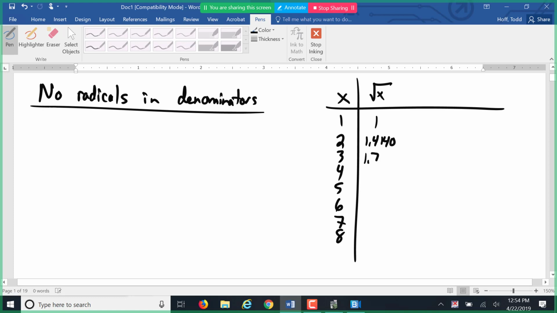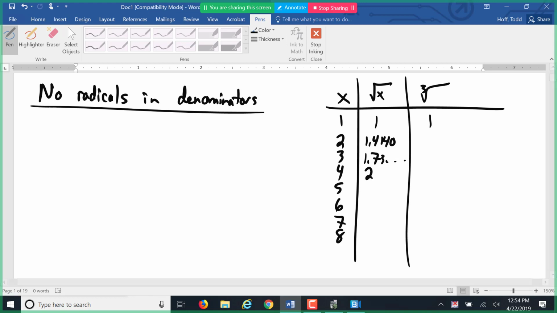Square root of 3, 1.73, again, blah, blah, blah. Square root of 4 is 2. Then the next column would be the third root, and it would have all those third roots listed, and so on. And so when you did a calculation, you'd have to go to the table and find that value for that root off the table.